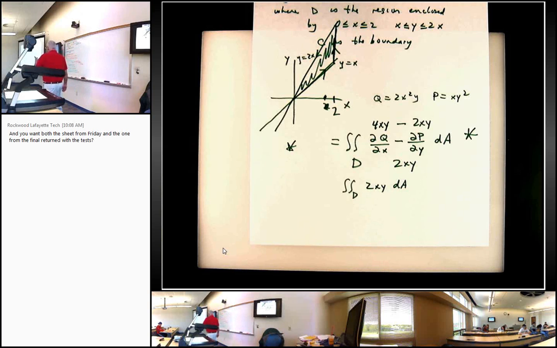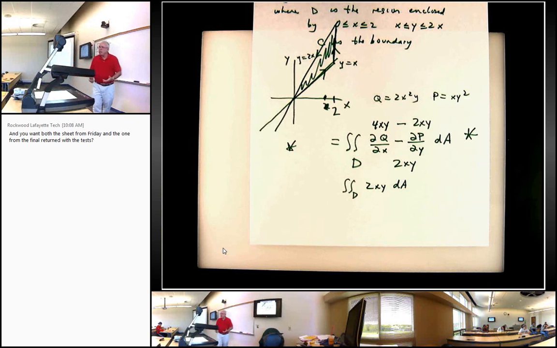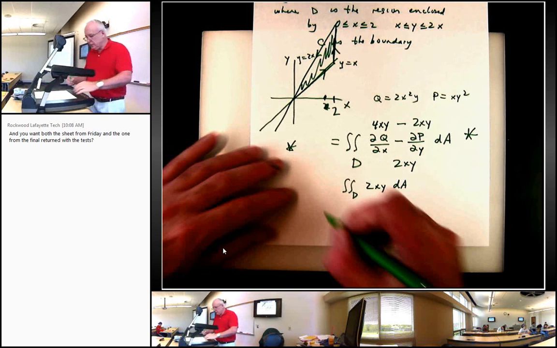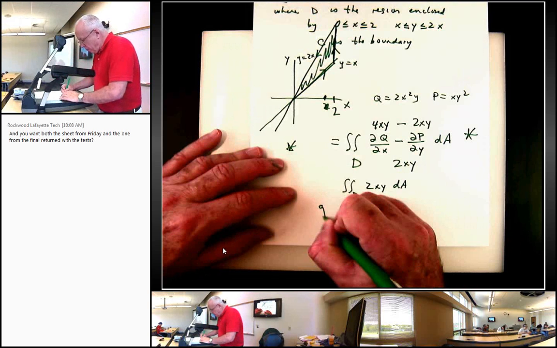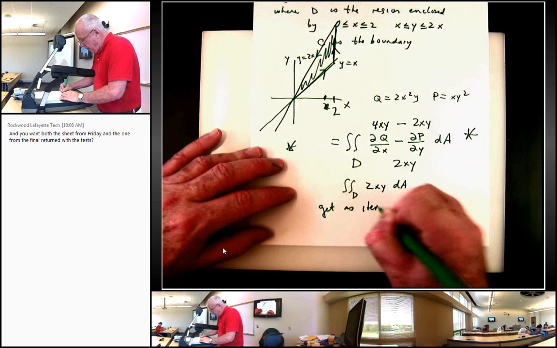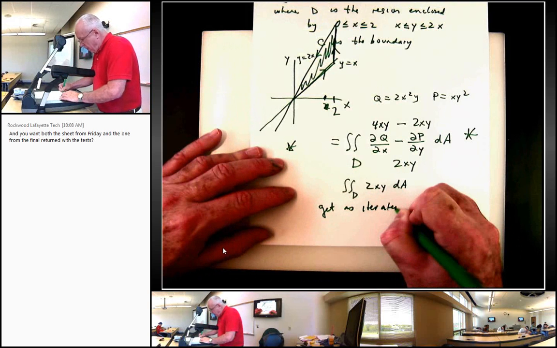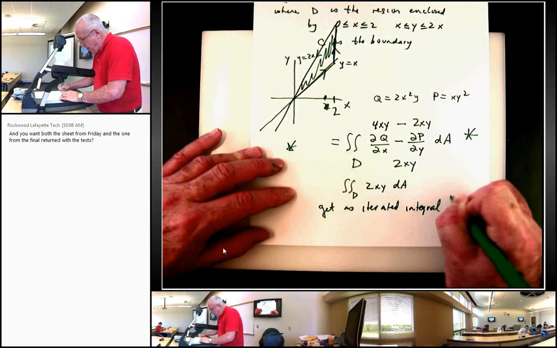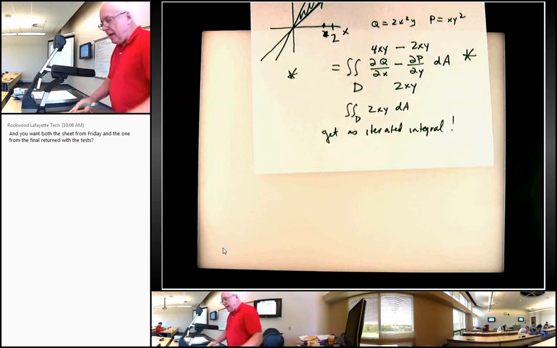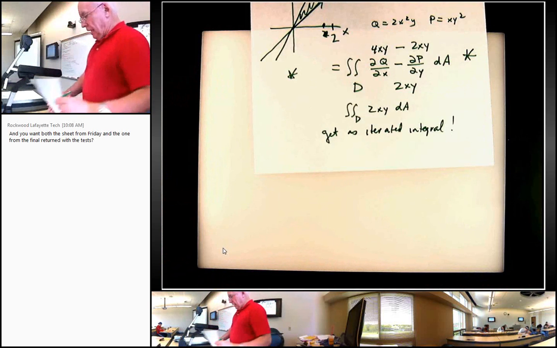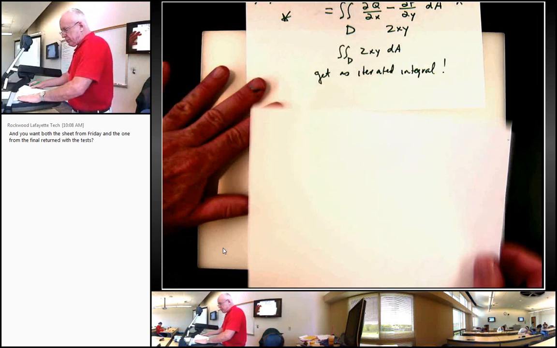Okay, so as with any double integral, we have to put it as an iterated integral. That is where the little drawing can help you from getting messed up.